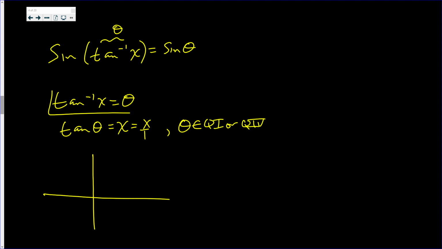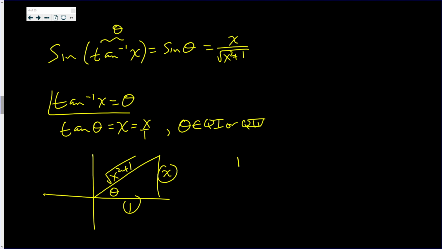Well, let's see what happens in quadrant 1. The tangent of the angle is x over 1. So this hypotenuse must be the square root of this squared plus that squared, x squared plus 1. Alright, well, the sine of that angle is opposite over hypotenuse. But let's not say we're done, because theta can be in quadrant 4.